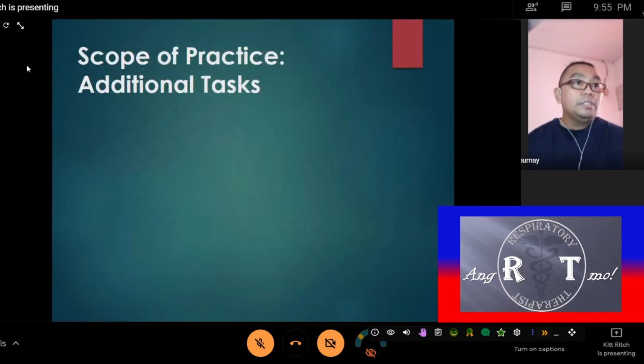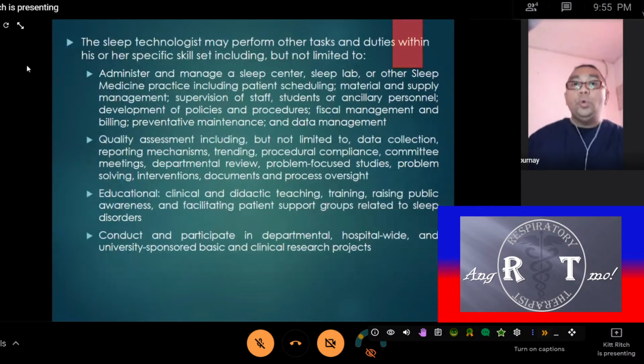Okay. Additional tasks include that you, as a sleep technologist, can be a manager or administrator of a sleep lab. Okay, you also need to supervise your staff, your students, or other ancillary personnel. You also need to develop policies and procedures in terms of handling a sleep laboratory.